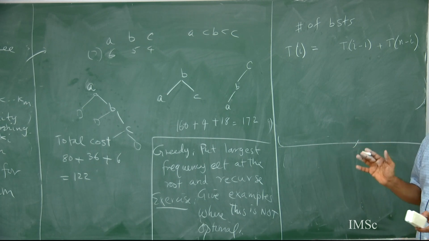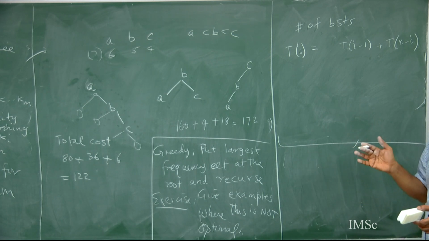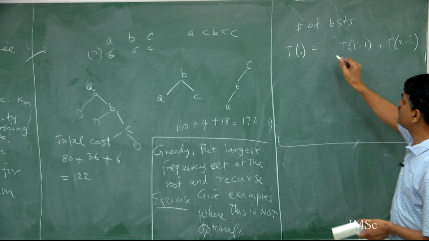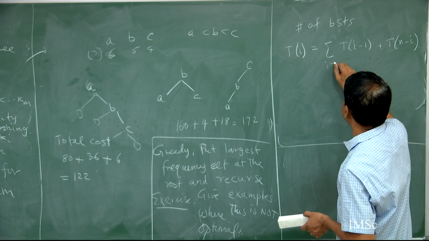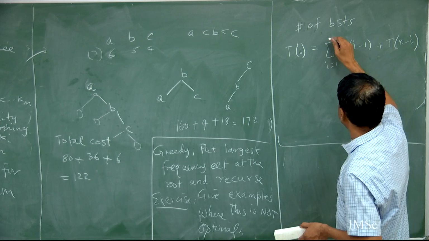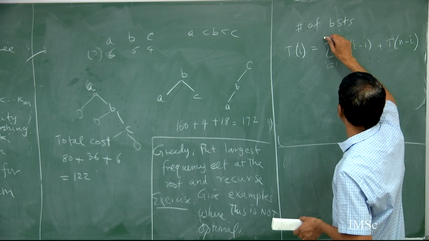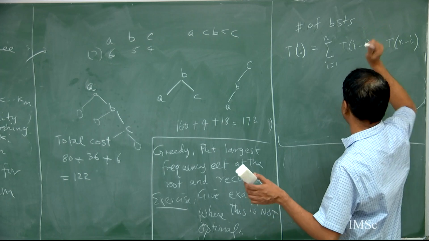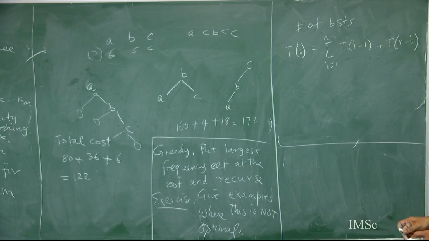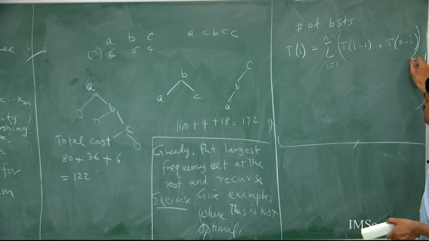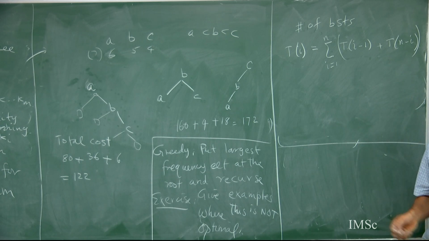And what is i? What should I do here? Sum, because for every such i, i would be 1, 2, up to n, since i is the root. That is the number of choices, and the solution to this recurrence is the Catalan number.